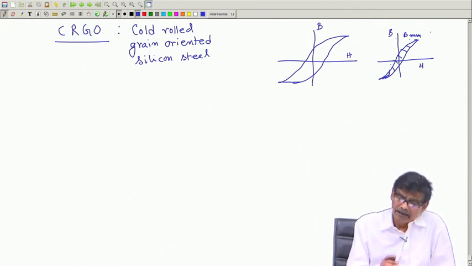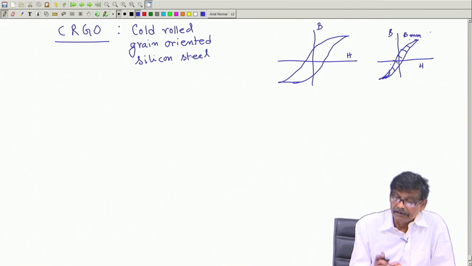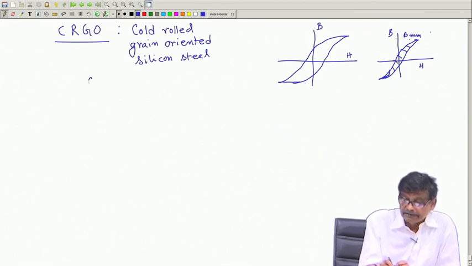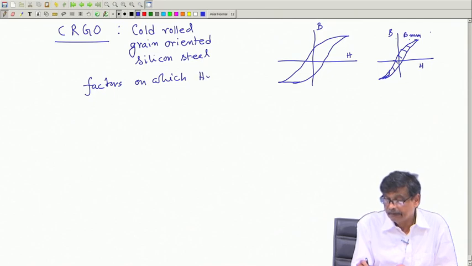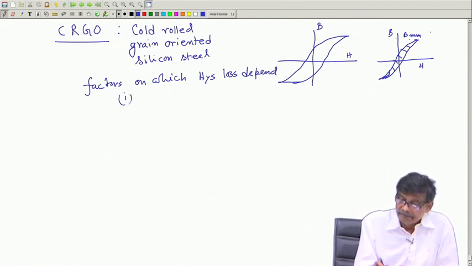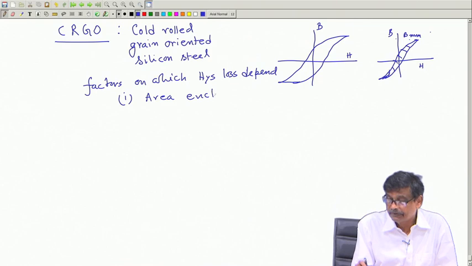Okay. Now, all said and done, we now know the factors on which this hysteresis loss will depend. One is the area enclosed by the curve.